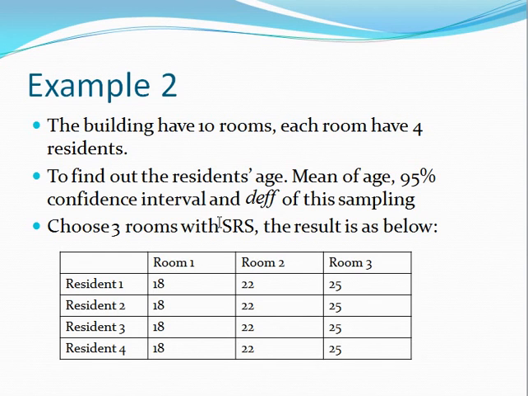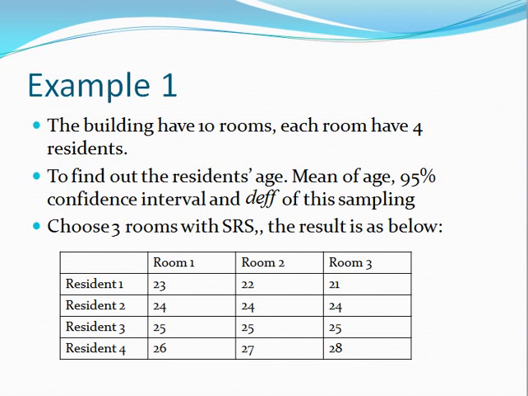The 2 examples have the same background, which is a building with 10 rooms and each has 4 people inside of that, and we choose 3 of them. Thus, what we want to calculate is also the same: the mean, 95% confidence interval and design effect of this sample. Let's see what's going to happen here.